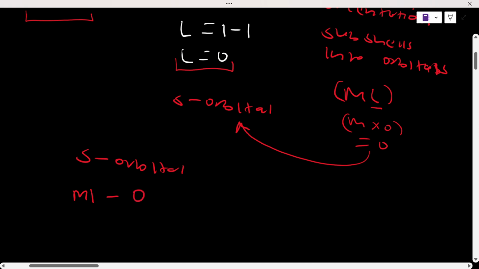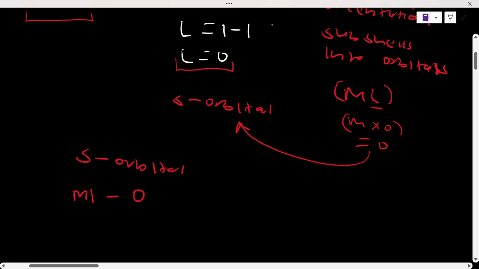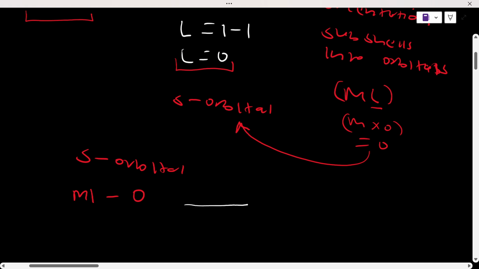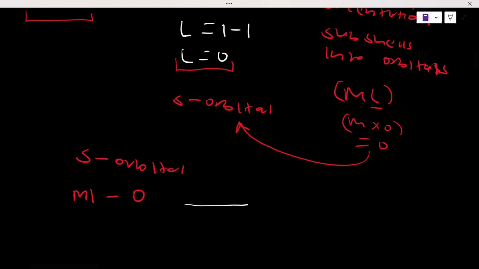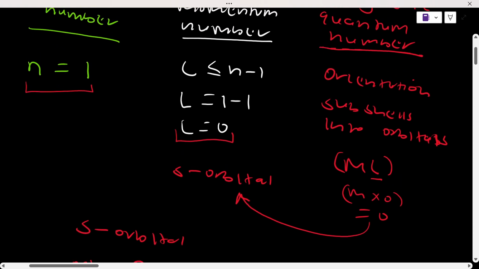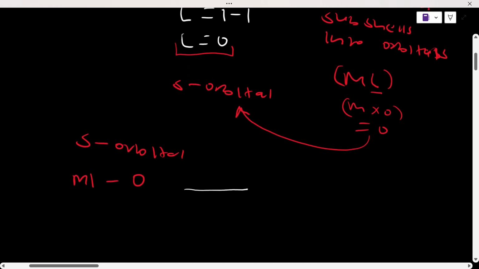And therefore, the only thing I'm going to draw based on the orientation of the orbital is just an orbital of s. That's when my principal quantum number is 1 and L is 0.